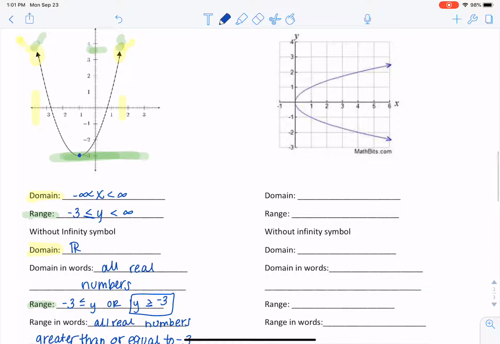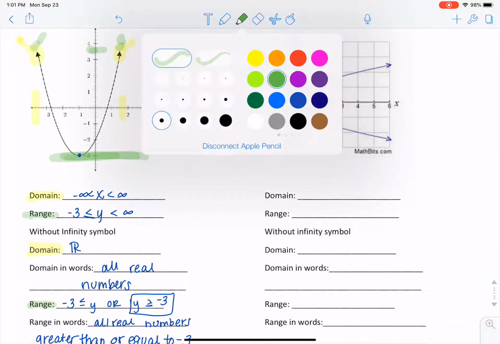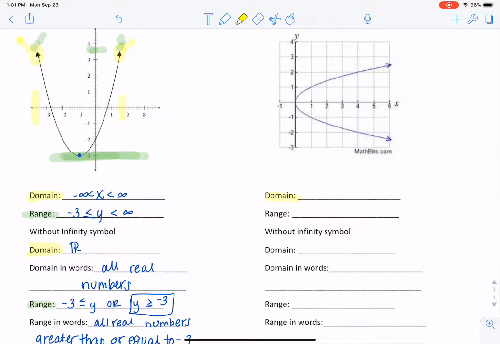Okay, last one, the domain. If I take my X color highlighter to talk about the domain, my X's go there, which is the furthest left they go. It looks like 6 is the furthest right, but because of these arrows, they're going to keep going out, right? So it goes out forever, but it stops on the left at 0. So I say my domain is all the X values stuck in between 0 and infinity.